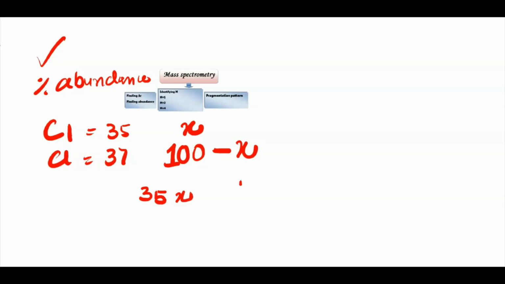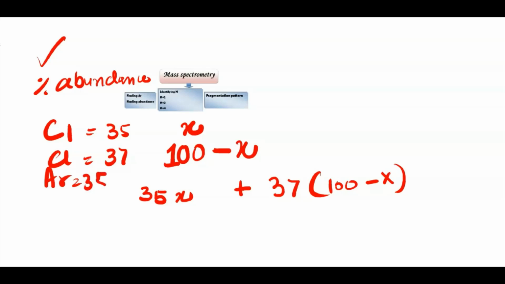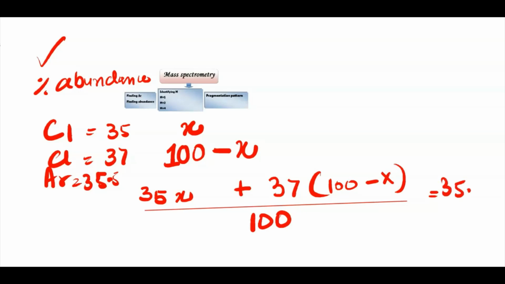Total mass 35x plus 37 times (100 minus x), and you are already provided the AR, which is 35.5, because you need to calculate the percent abundance here. So you see, divided by 100 total number of atoms, 35.5, and when you solve it, you get the value of x, which is equal to 75. I hope you understand this part.